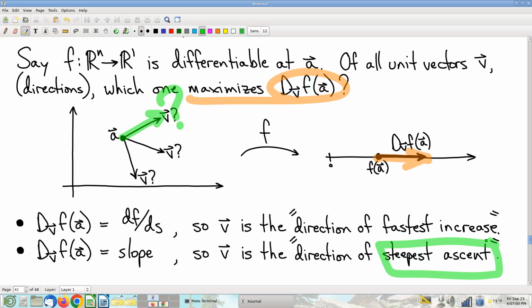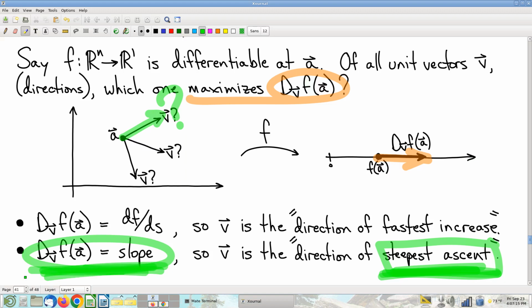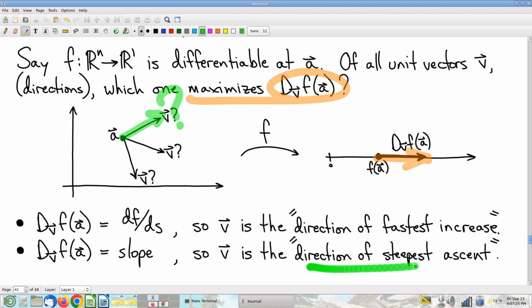In that scenario, what do you mean by steep? It just doesn't make any sense. This term steepest ascent only really makes sense if you're looking at the graph, because this slope specifically is slope of the graph. So you're just not always looking at a graph. So I feel like this terminology, direction of steepest ascent, is a little bit narrow and presumptuous.